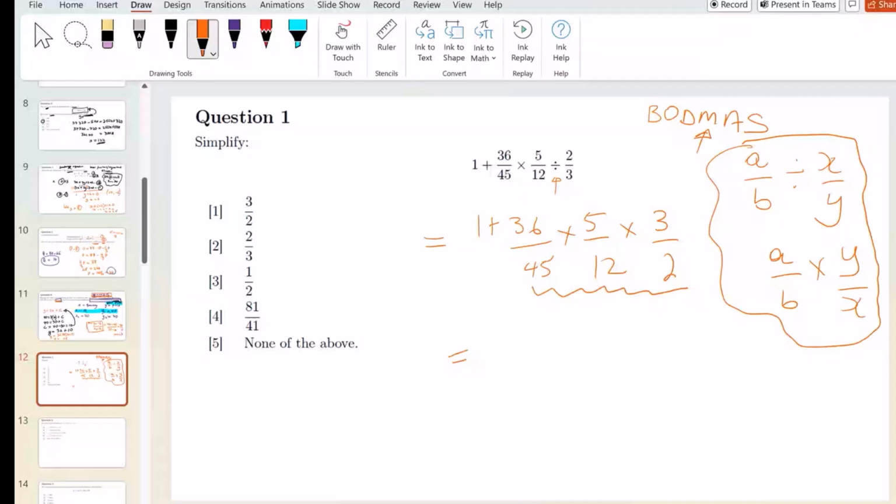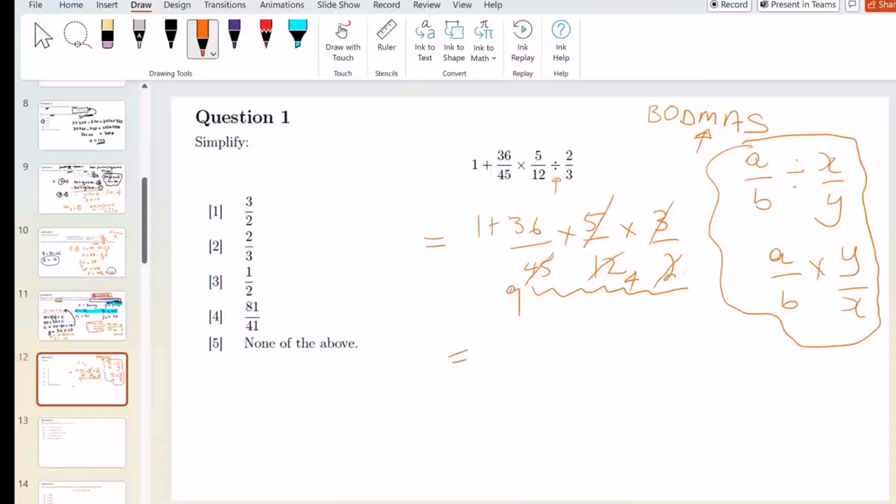So this will go here 9 times, and this can go here 6 times, and this one is 4 times. I'm sorry, guys. So 2 can go here: 2 into 36, 36 divided by 2 is 18.